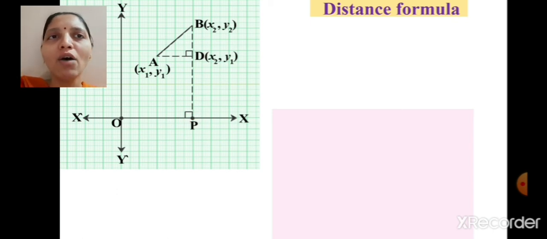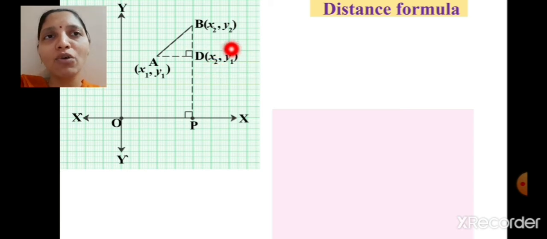Now if you observe, segment BP is parallel to the y-axis. So this point will have the same x coordinate as point B. So the coordinate of point D is x2. The x coordinate will be x2.